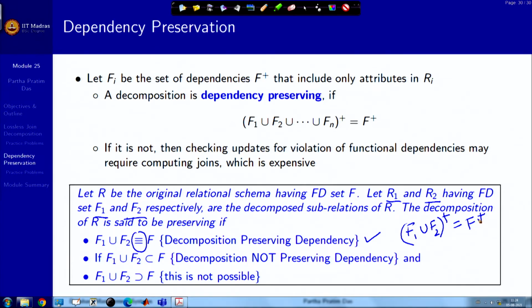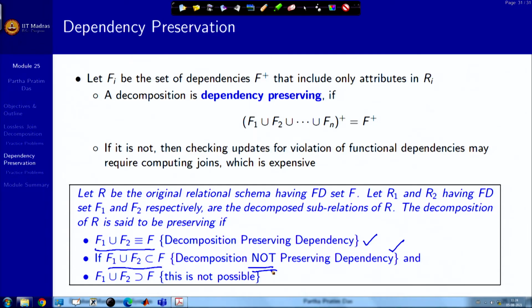Then it is dependency preserving if F covers F1 union F2, but if F1 union F2 does not cover F, then it is not dependency preserving.